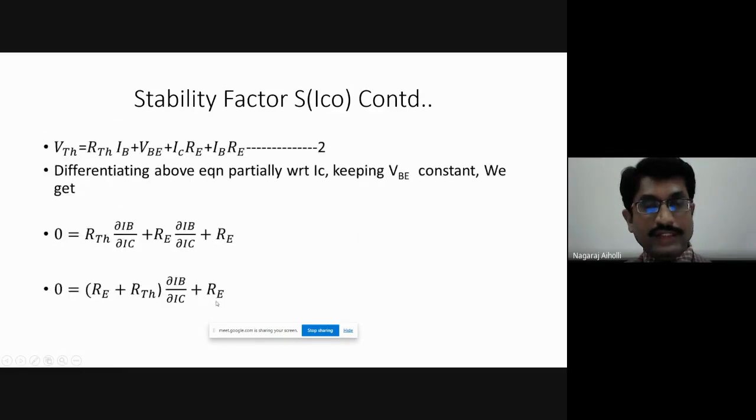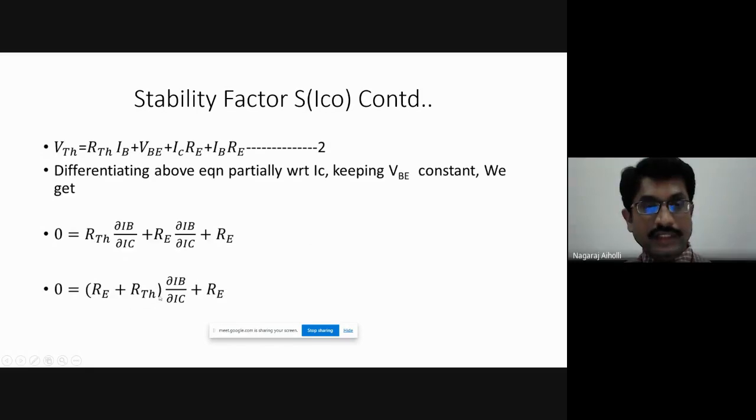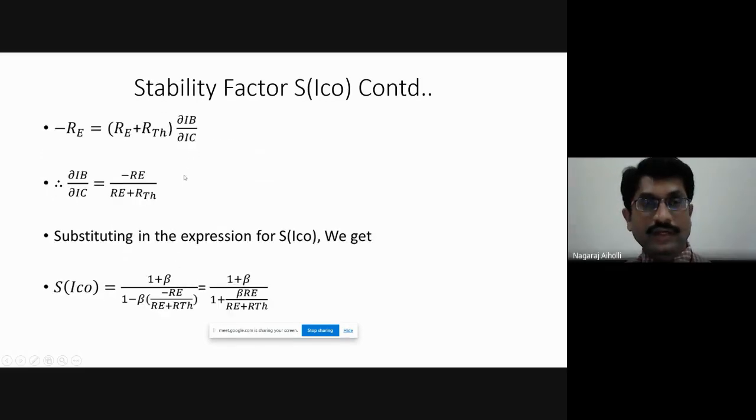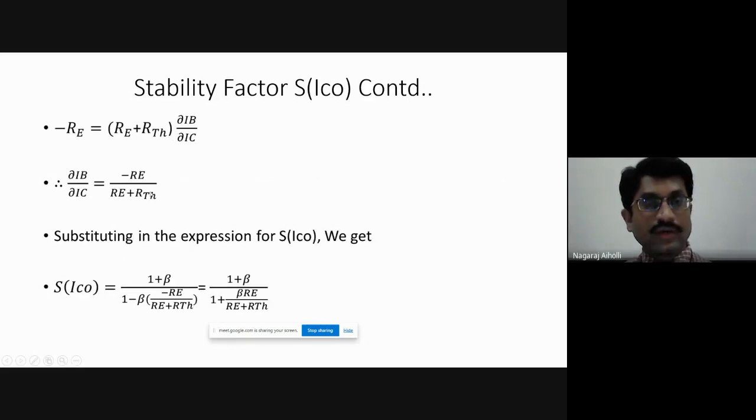Now if we take this plus R_E to the left-hand side, it will be minus R_E. So minus R_E is equal to R_E plus R_TH into ∂I_B/∂I_C, or ∂I_B/∂I_C is equal to minus R_E divided by R_E plus R_TH.